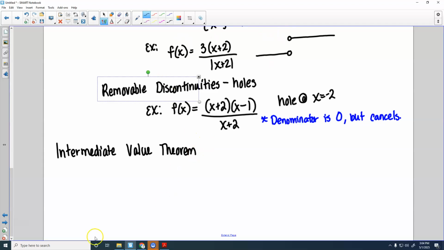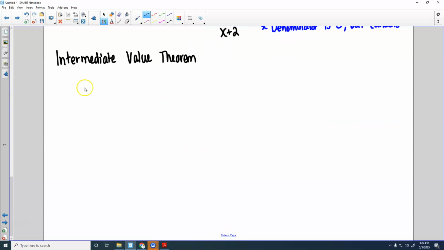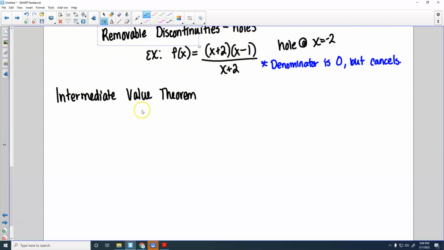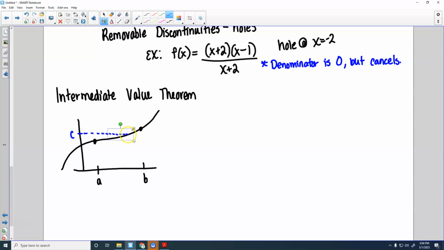If we're thinking about the graph for the intermediate value theorem, we have an A and a B here, and we go maybe from this point up to this point, and probably this graph there. And let's say this right here is C. It's basically saying if we go from down here to up here, you've got to cross the points in between those, right?